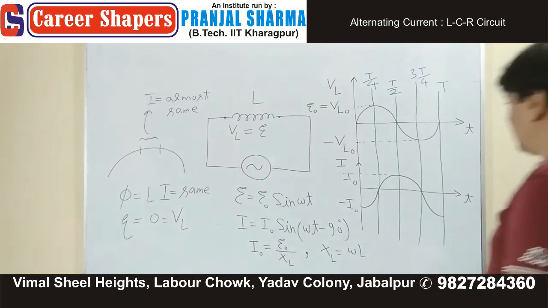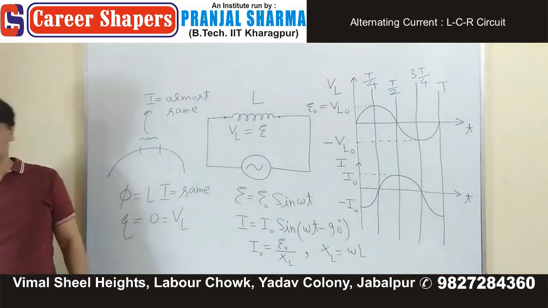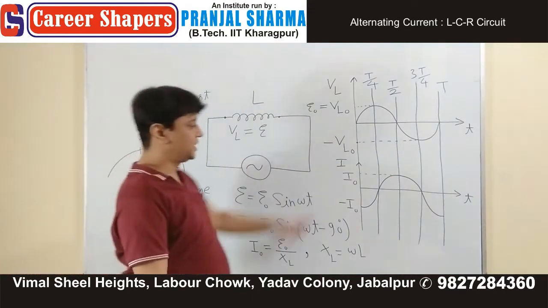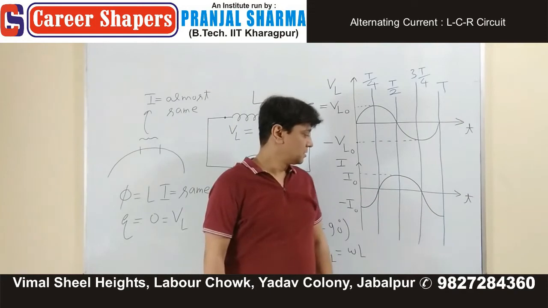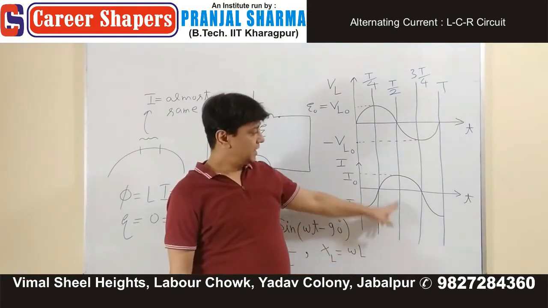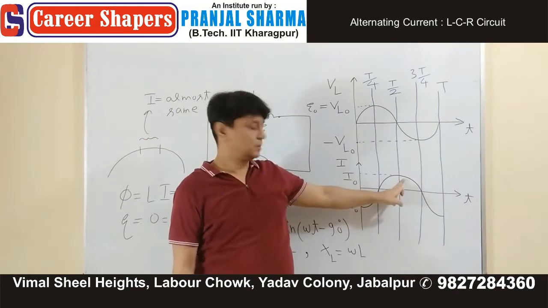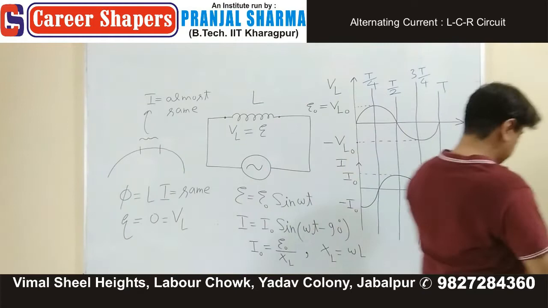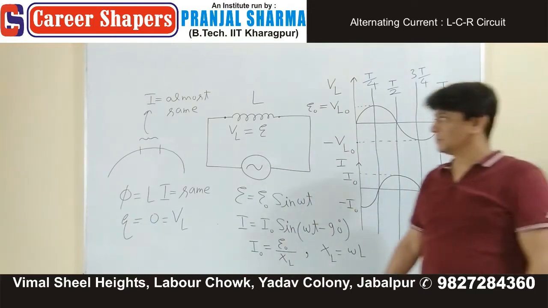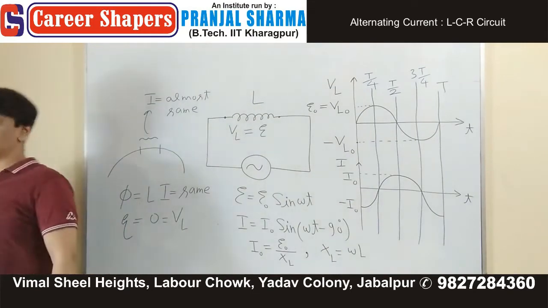In the graph of I versus t, at T by 2, current is almost saturated. Saturated means it is same. It is no longer increasing.